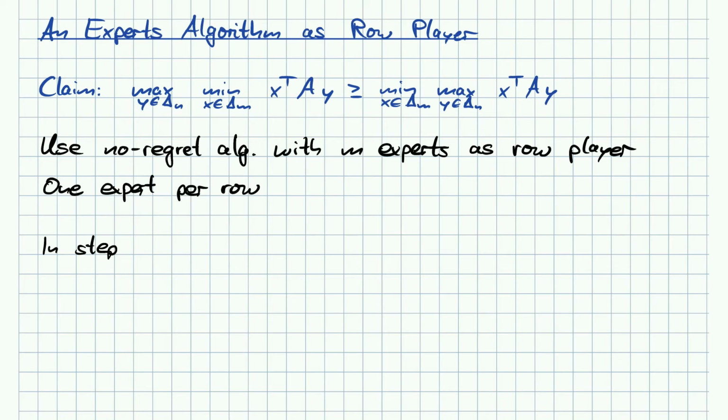We'll have steps 1 through capital T. And the algorithm will choose such a PT, which is of course coming from this delta M as we're writing it now. This is nothing but a probability distribution over the M experts. And then we only define the cost vector.